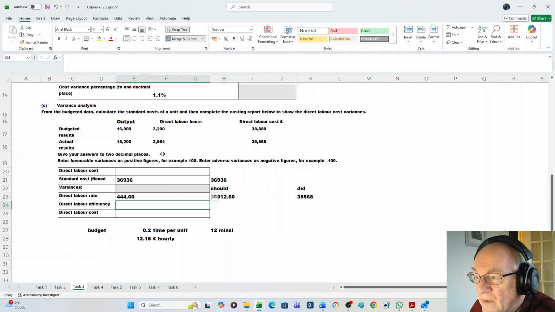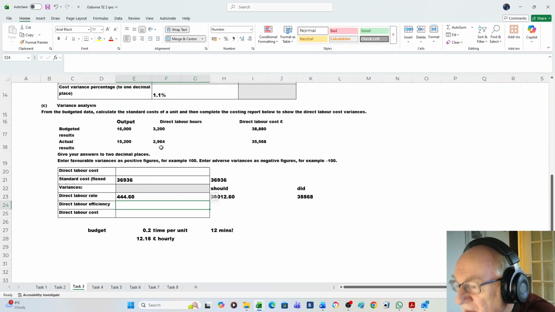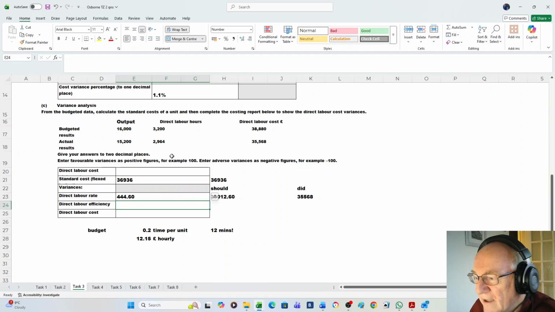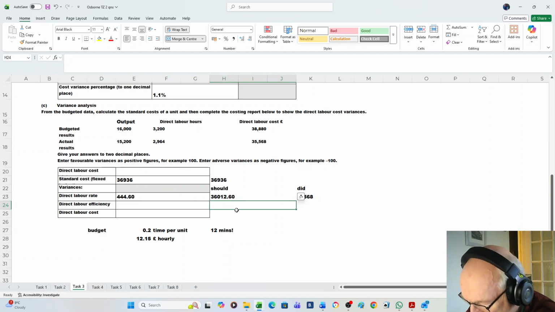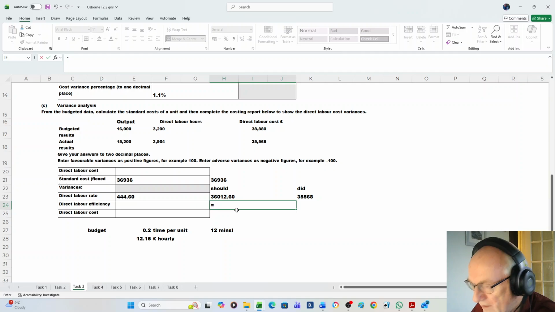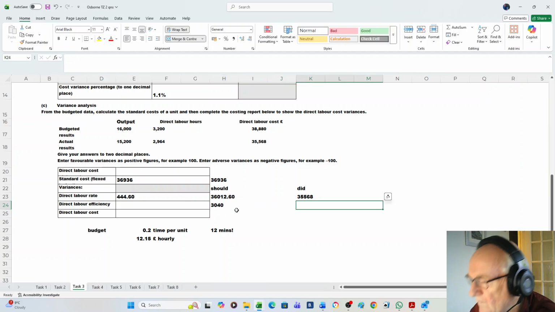And also we know that the number of hours taken, so the efficiency, 2,964. So work out the hours first. It's the 0.2 that we've worked out times, is 3,040 hours, and they've done it in 76 hours difference.